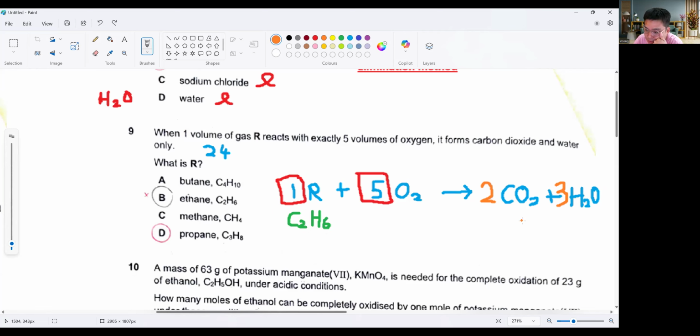Now let's balance the oxygen. 2 times 2 here, so we get 4 oxygen. Here 3 times 1 is 3. So the oxygen is not balanced. It's 7, whereas here is 5 times 2, which is 10. Therefore this one is out. I hope you all are clear on that. It is rather complicated, okay?